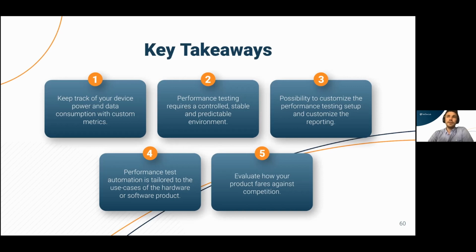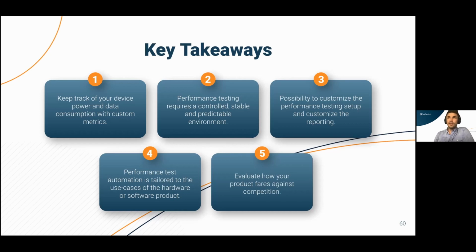As I showed you before, we have fewer moving parts around, so we can focus the context on actually the app and the scenario. And usually those monitorings have the same device, same network settings, everything is baseline monitored and so on. Also, there is a possibility to customize the performance testing setup and customize the reporting.